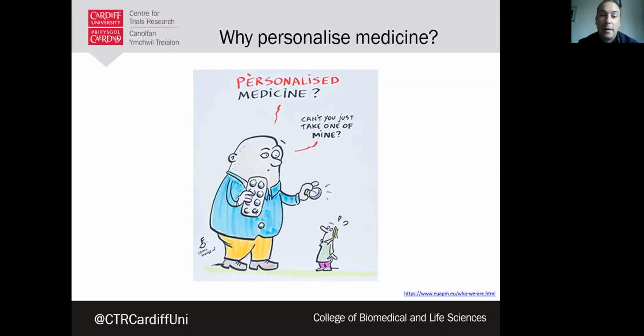So this approach acknowledges the simple truth that we as humans, as patients, are all different, are diverse, and sometimes in very obvious ways. So here the chap on the left-hand side is a very friendly chap. He offers the tiny chap on the right-hand side one of his pills, but it's quite obvious that the dose is going to be way too high for him. But we are also different in ways that might not be immediately visible, for example, on a genetic level, on a molecular level.